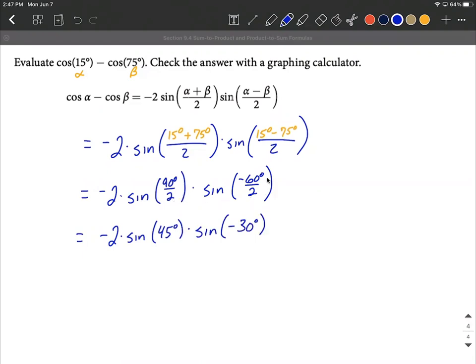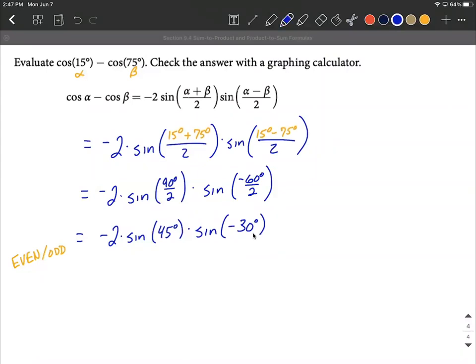Next up, I would like to get rid of this negative from the inside of our sine to help us evaluate this. If I'm going to get rid of a negative from inside of a trig function, sine, cosine, or tangent, I'm going to refer back to our even odd identities. I'm going to write that off to the side so you can reference it.